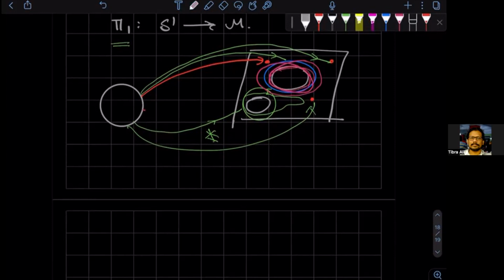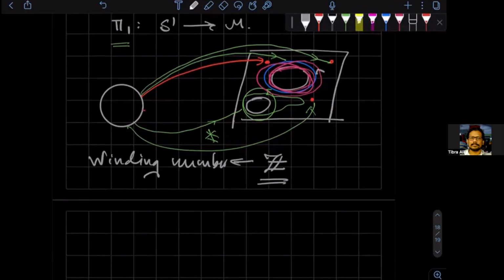That integer tells us how many times the map winds around the hole. Those maps are characterized by an integer, and that integer is called the winding number. The winding number is positive if it's going in the counterclockwise direction, and negative if it's going in the clockwise direction.